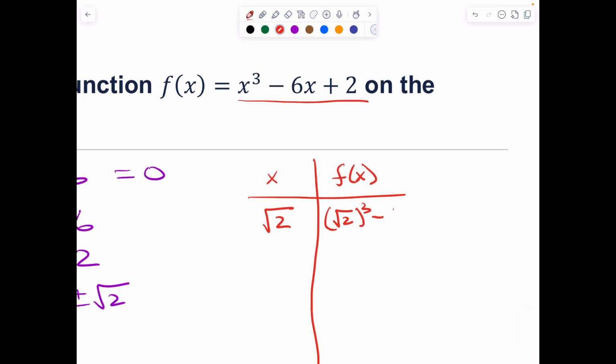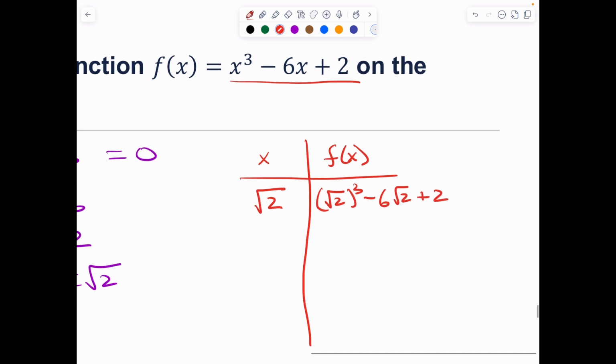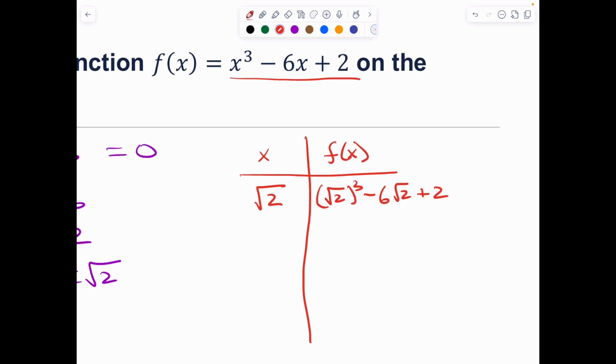A calculator would make this a lot easier, wouldn't it? That is equal to 2 radical 2 minus 6 radical 2 plus 2. So that's going to be 2 minus 4 radical 2. Let's just leave it like that for now.